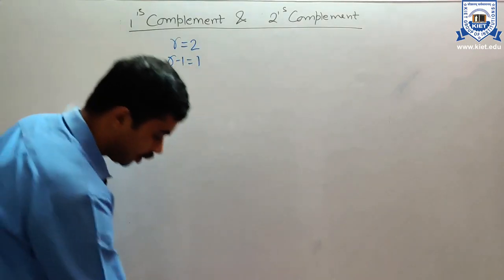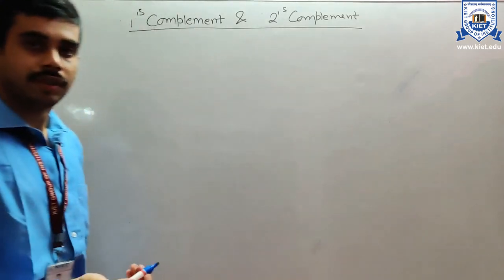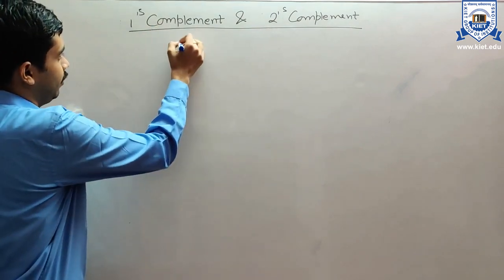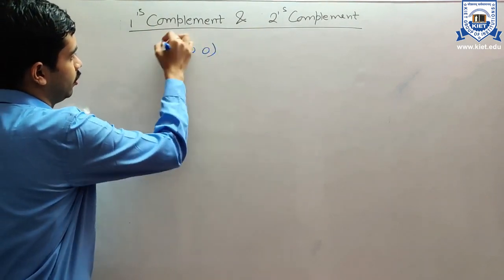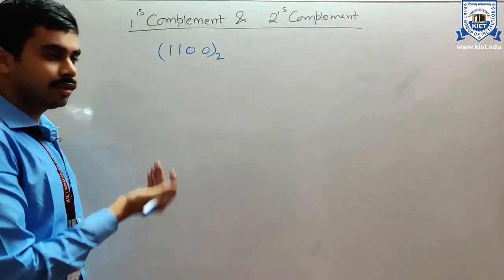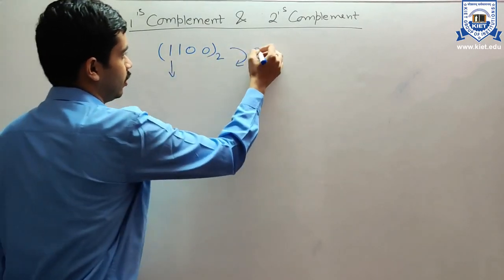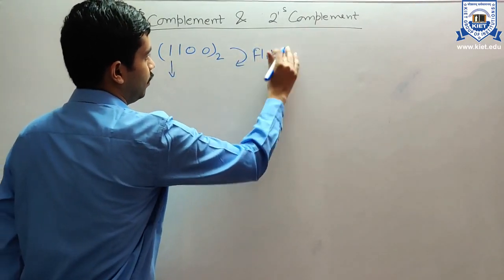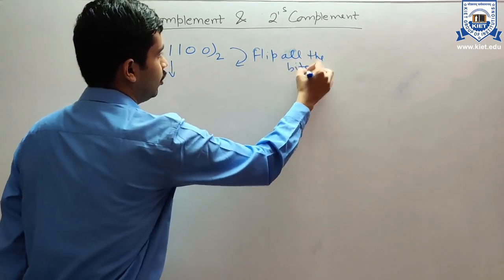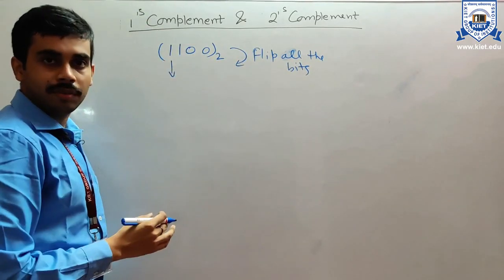But there are some other techniques through which we can calculate it easily. For 1's complement we have to just flip the bits. Like we are given 1 1 0 0 base 2 and we have to convert it into its 1's complement. So 1's complement will be just flipping all the bits, or you can say we have to individually apply a NOT gate on each of the bits.